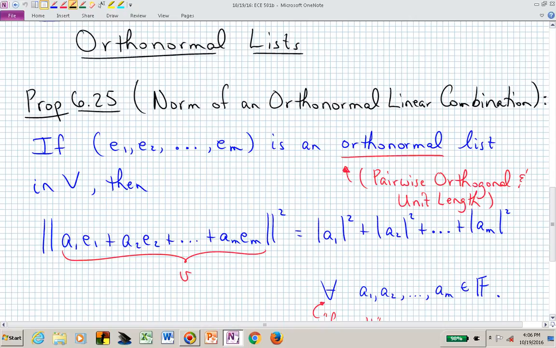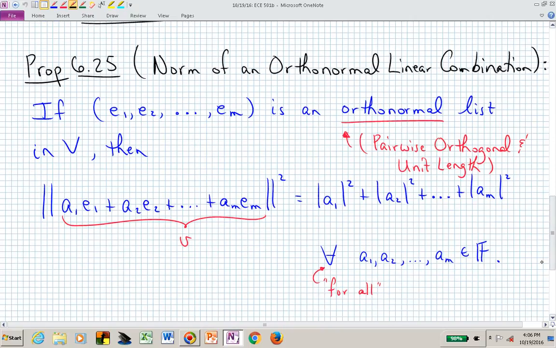These vectors have been normalized, and so the scalar's absolute value falls out to provide this fairly neat, clean way of finding the norm squared of a given vector.